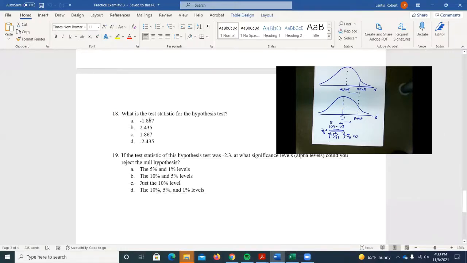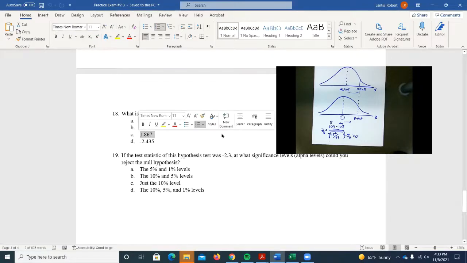So 1.867 if we round to the third decimal. Oh, sorry, 1.867. My cursor was on the wrong one. So this is the value of my test statistic. Are we okay with this up to this point? No questions?